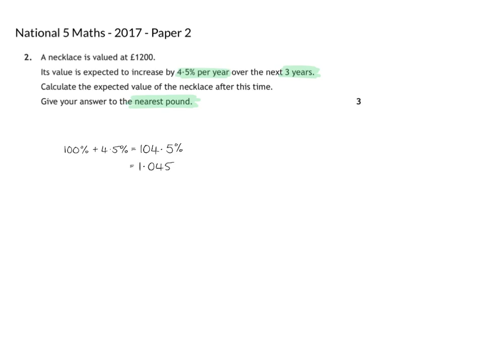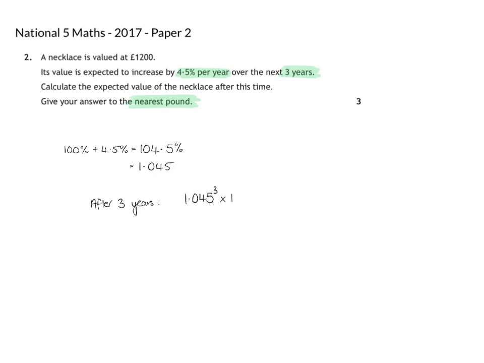So after 3 years is what we're looking for. So after 3 years, what we're going to have is 1.045 to the power of 3. So our power is how many years we're doing it for.